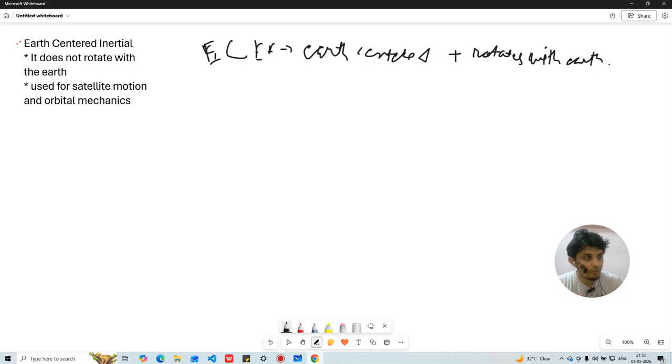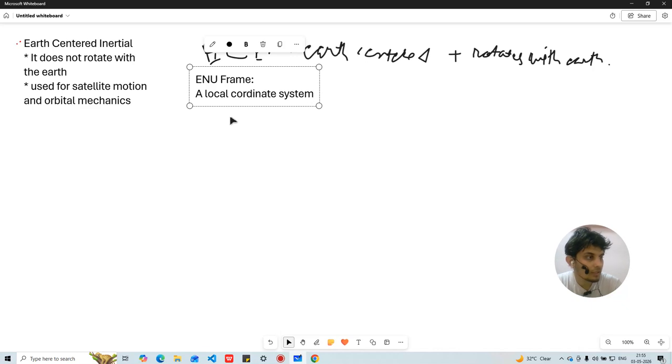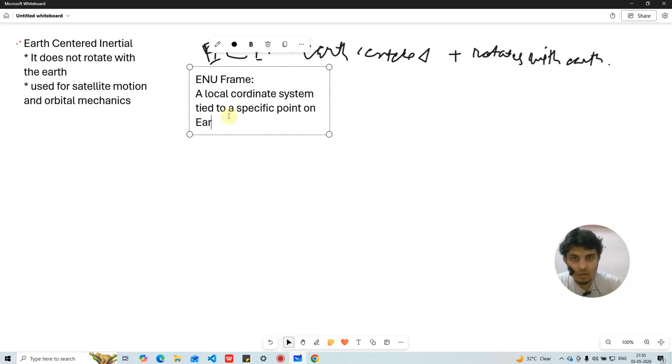So the ENU frame is a local coordinate system, tied to a specific point on Earth, used widely in navigation, GPS, robotics, aerospace.